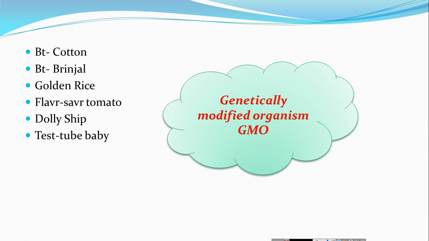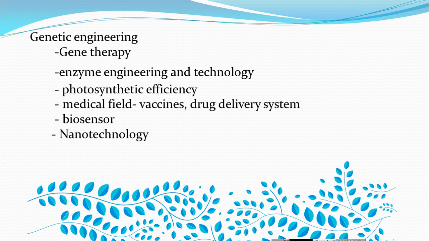Similarly, in vitro fertilization and artificial insemination in livestock are only possible due to genetic engineering, and the organisms produced by this tool are also known as genetically modified organisms. These have many applications in gene therapy, in enzyme engineering, in enzyme technologies. We can also increase the photosynthetic efficiency of plants by using genetic engineering.